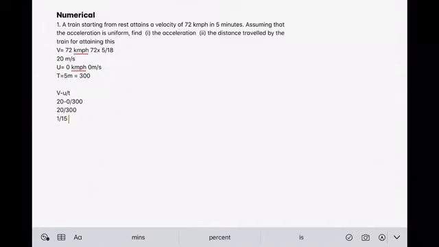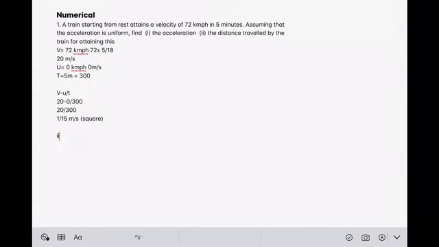That means the acceleration is 1 upon 15 meter per second square, because we have used meter per second twice. And that meter per second square is the SI unit of acceleration. Now we have to find the distance traveled by the train for attaining this. You can call it distance or displacement, because as far as we know, the train has only traveled one way from point A to B, and it's not going back from B to A, so displacement and distance have to equal the same.